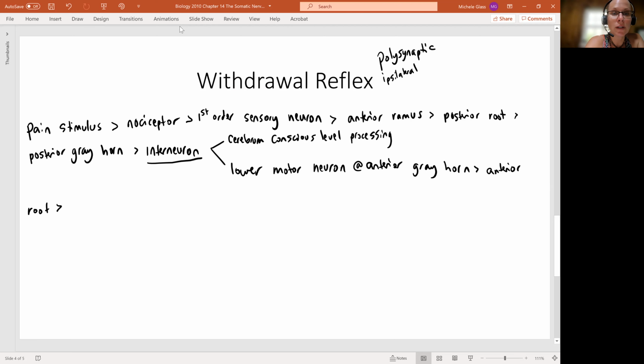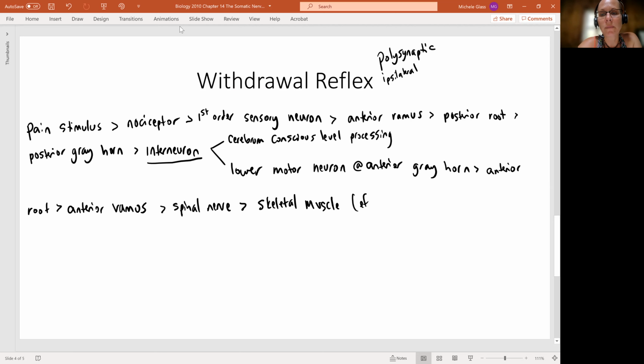And because we're going to the hand, we're going to travel through the anterior ramus. It's becoming part of the spinal nerve here. And it's going to synapse at our skeletal muscle, which is our effector. And so we're going to get muscle contraction that will pull the hand off of that painful stimulus.